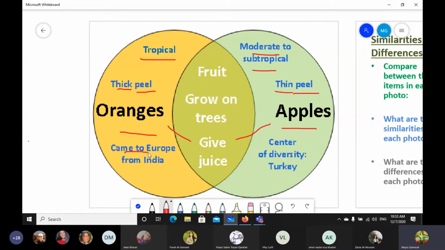They came to Europe from India. But apples, they are the center of diversity. اللي هي إيش؟ مركز التنوع. And as an example, they came from Turkey. So here, regarding this topic, oranges and apples, we compare and contrast between those two kinds of fruit.